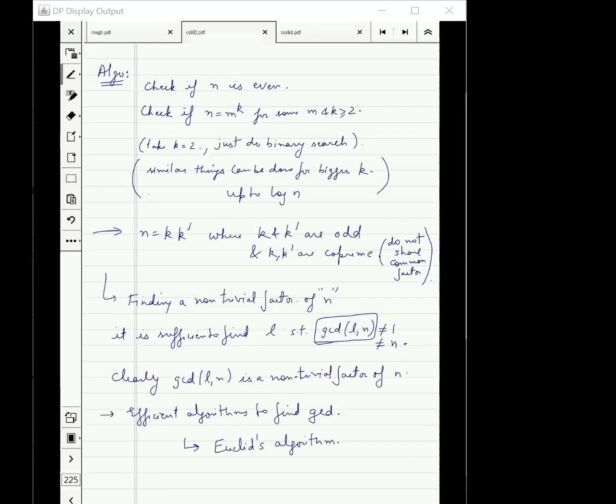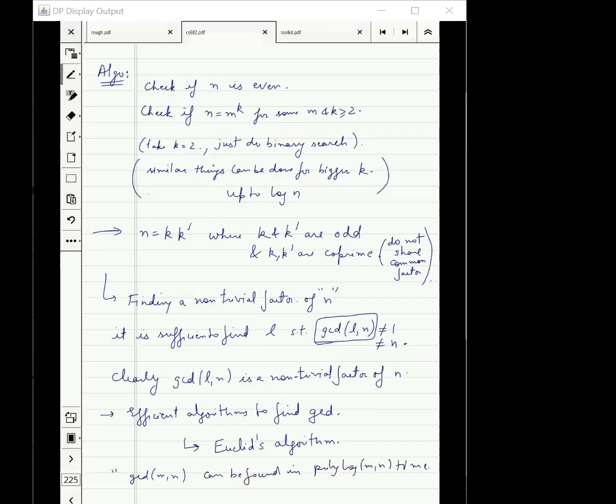This is again classical. There is no mention of quantum. We can in polynomial time, polynomial in log L and polynomial in log n, find GCD of L and n. Let me just write it. GCD of m comma n can be found in polylog of m comma n time, whichever one is bigger.